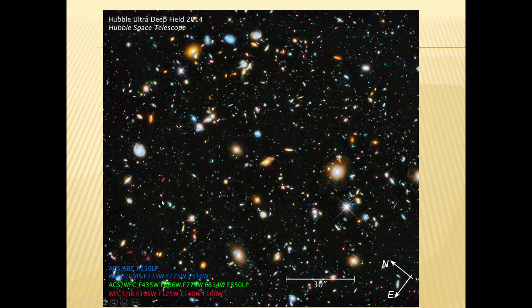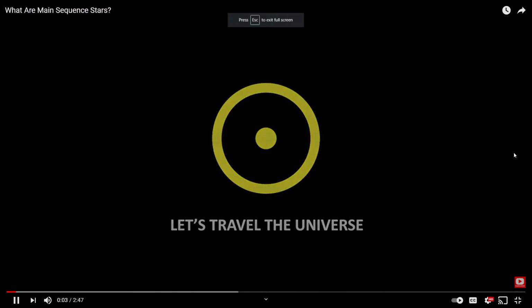And each galaxy can have millions of stars or billions of stars in them. And each of those millions and billions of stars can have their own planets going on as well. So just an idea of just how many different solar systems are out there. It is a huge number. And you can see the different colors here as well. We're about to talk about different colors of stars. And you can see they come in different colors.